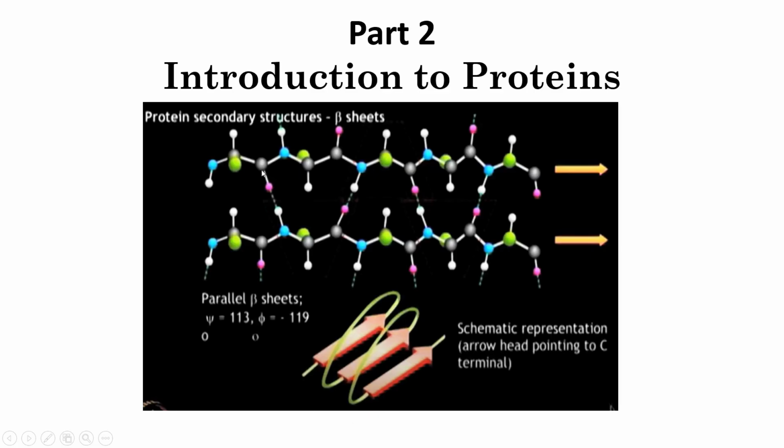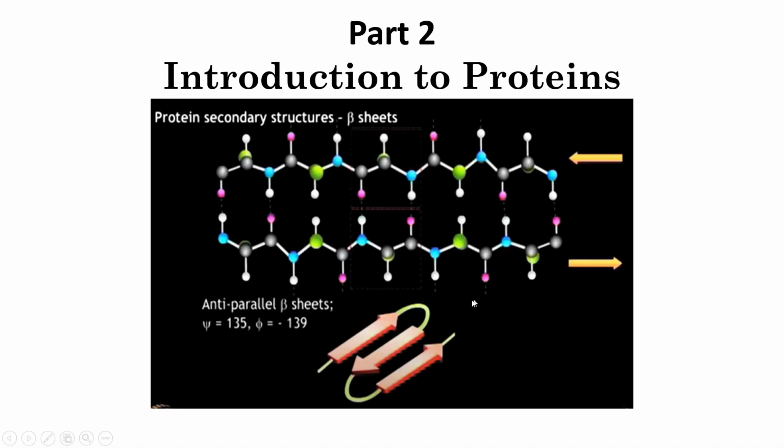And they are also found in one specific pattern. They are not formed randomly, because these are the only phi and psi angles which are feasible for making a proper protein structure. So if you see this, these are going in anti-parallel, opposite directions, which makes them anti-parallel beta sheets.